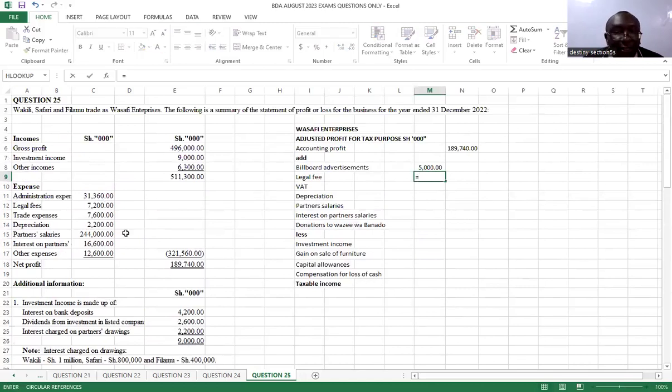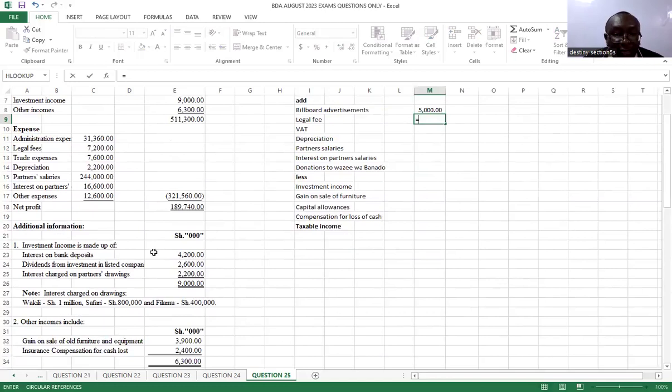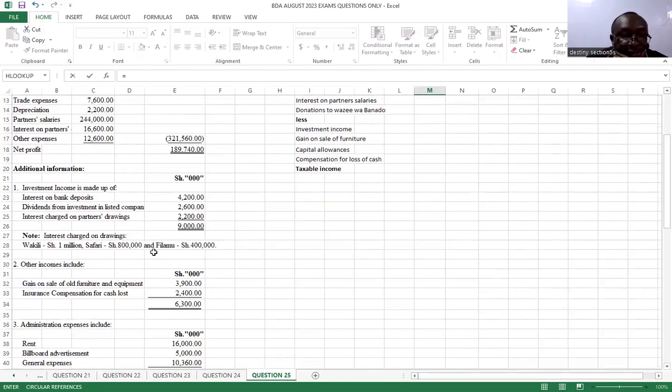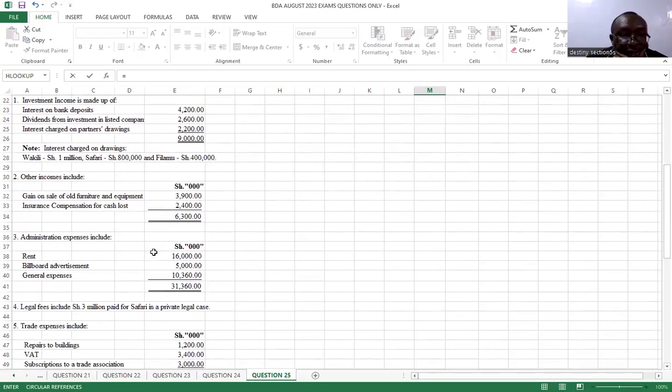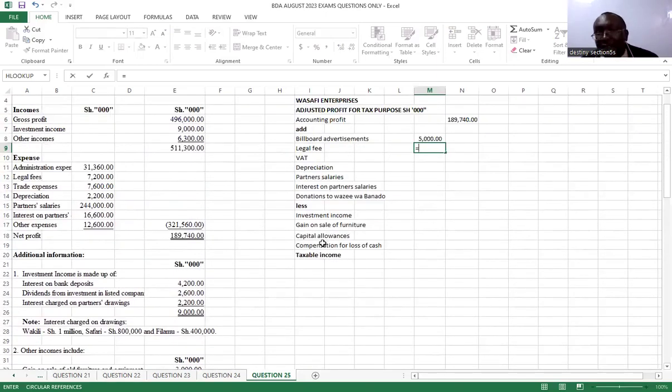The next one is legal fee. It has been mentioned somewhere. Let's look for it. This 3 million here, it is not part of the business expenses. And because this one we cannot pick, we type it manually, 3,000. Then we make it to have commas.